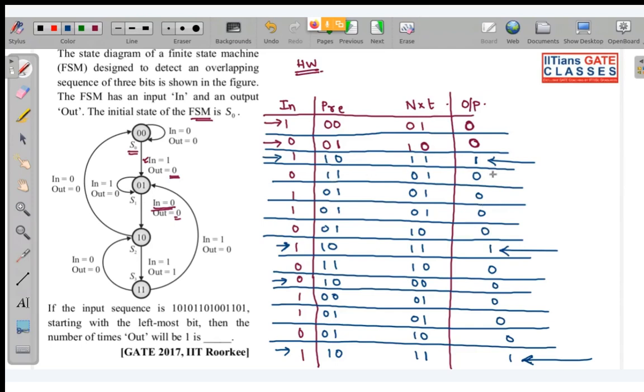So 4 you guys are getting, but I am getting 3. So I have done a mistake, I know. So where it is, I am trying to find out. Tell me at which position? 1, 2, 3, 4, 5, 6, 7, 8, 9, 10, 11, 12, 13, 14.